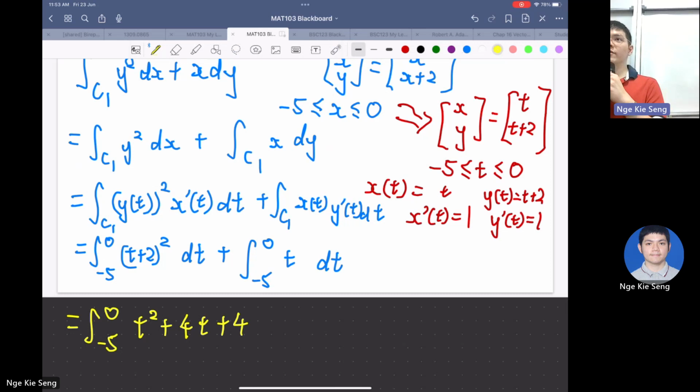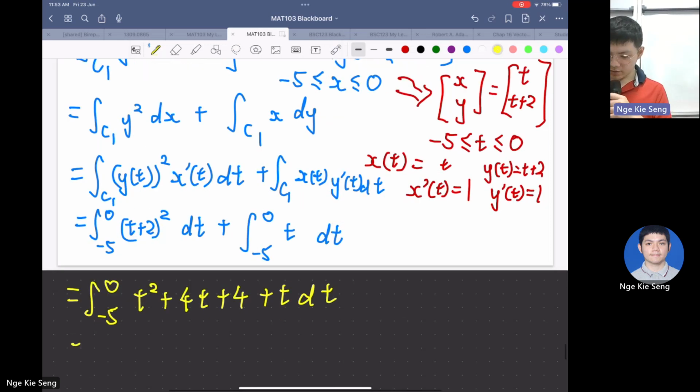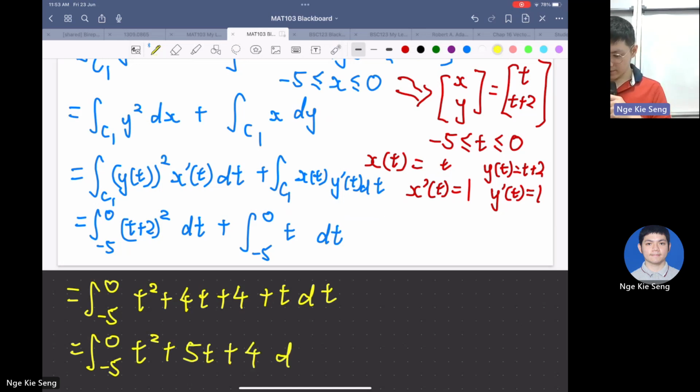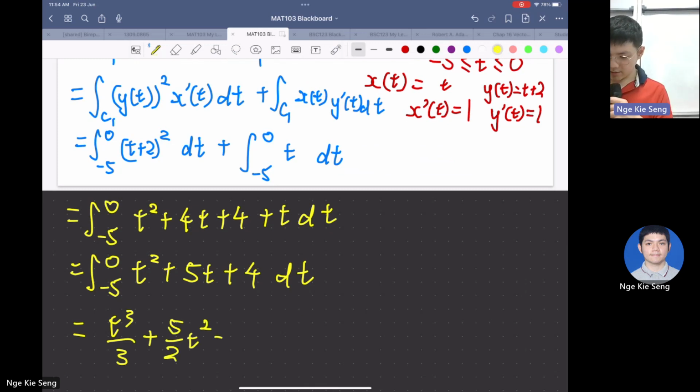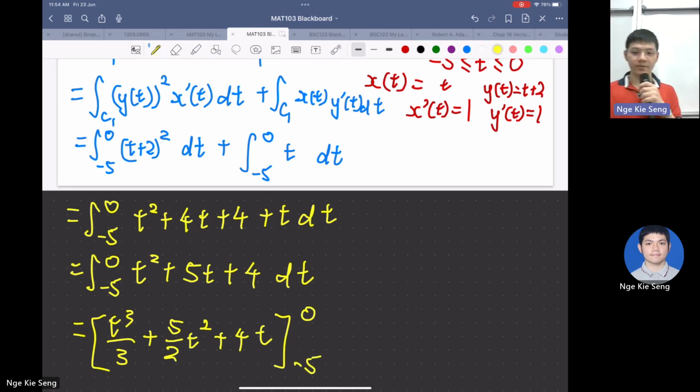Since both of them are integrated from -5 to 0, we can just add the integrals. Plus t, so altogether we have t squared plus 5t plus 4 dt. So altogether, t cubed over 3 plus 5 over 2 t squared plus 4t, integrated from -5 to 0. So what's this number here?